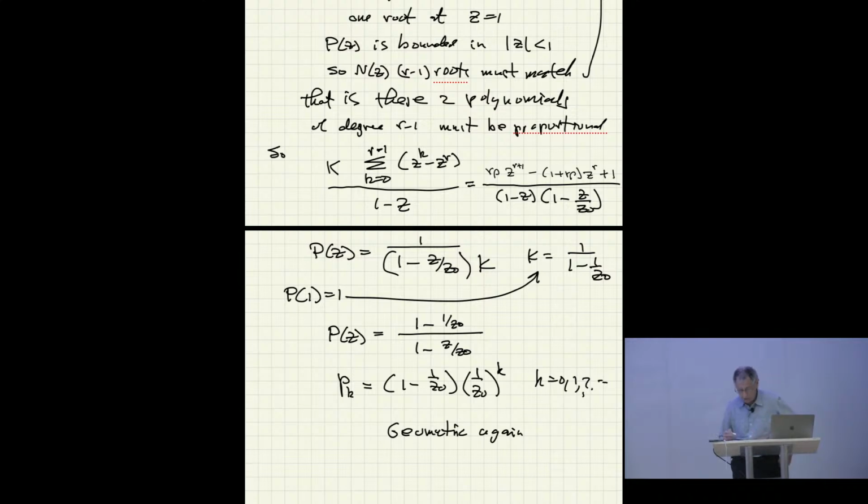Not too surprised, since it was very similar to ERM1. So let's draw a box around that. That's the answer to the bulk service case.